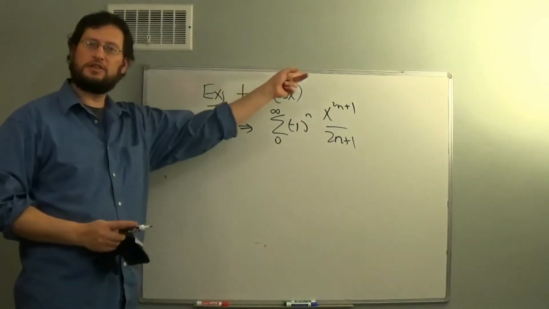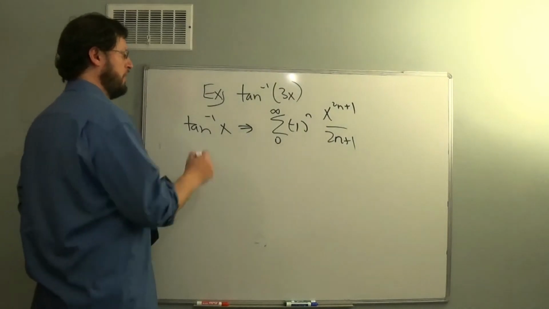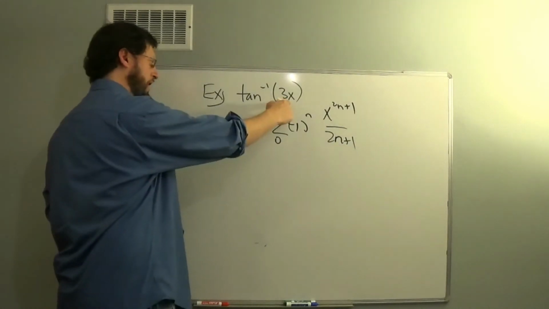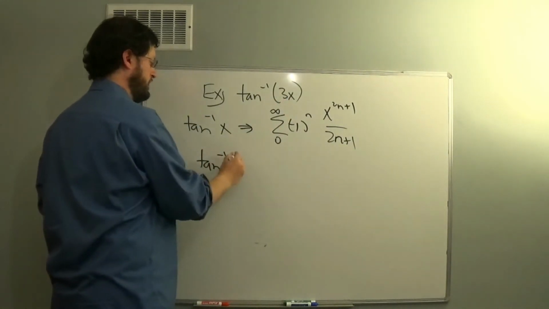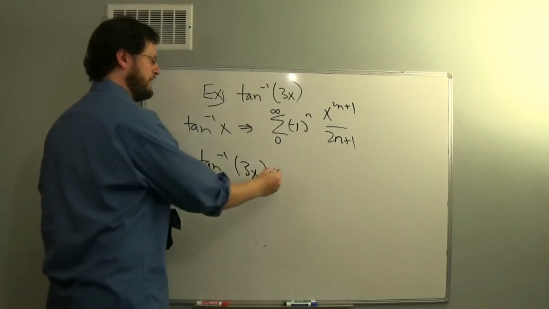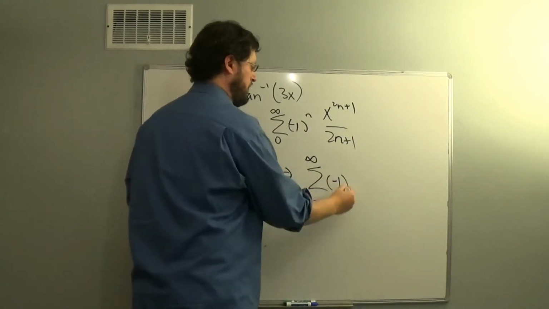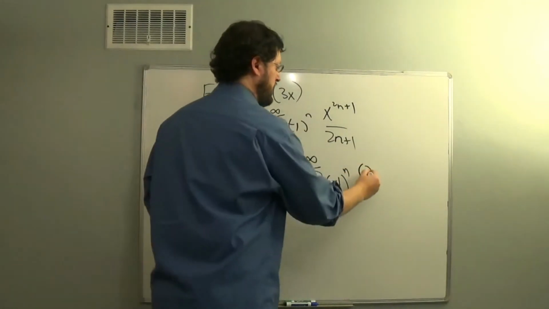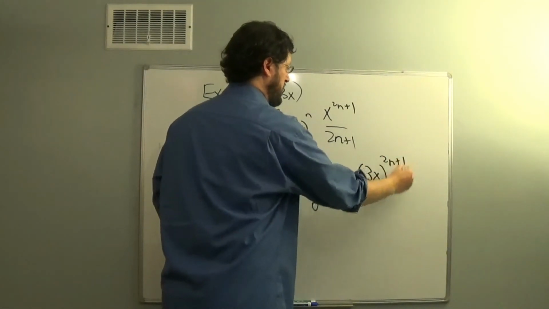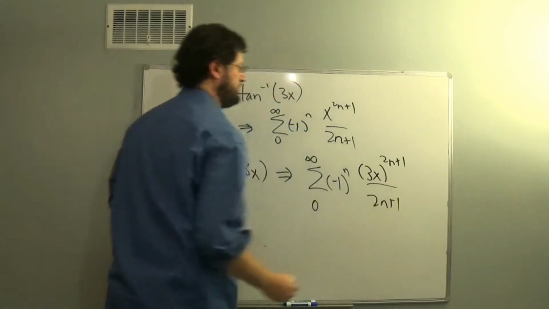So how do I get the Taylor series for tan inverse of 3x? Well, I replace x by 3x. So I just plug a 3x in, and I get the sum from 0 to infinity of negative 1 to the n, (3x) to the 2n plus 1 over 2n plus 1.